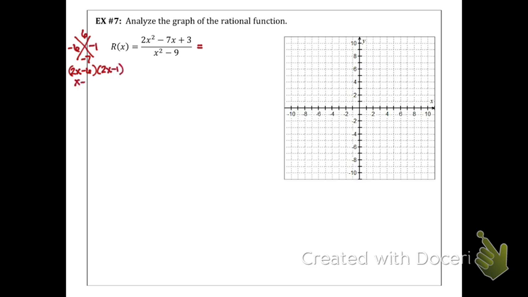Simplify that first one, so it's x minus 3 times 2x minus 1, over, factor the denominator, that's just your difference of squares.